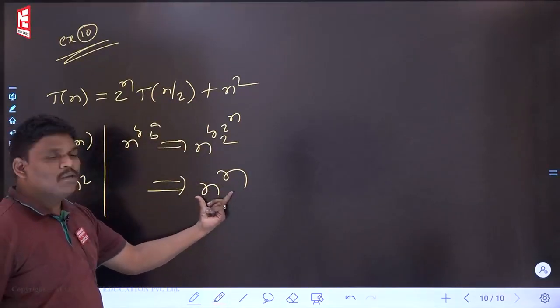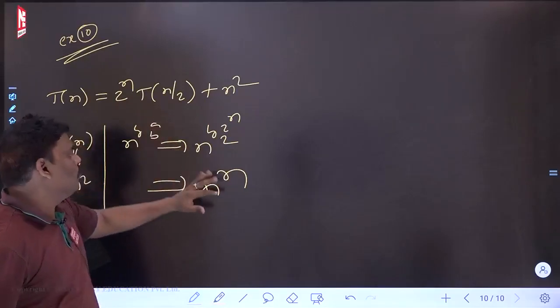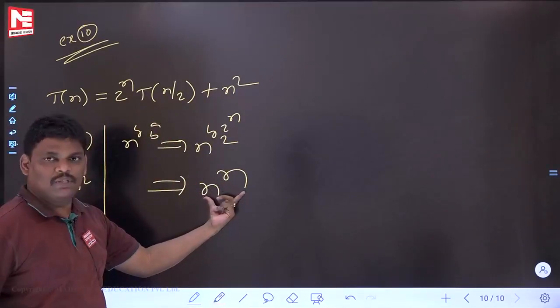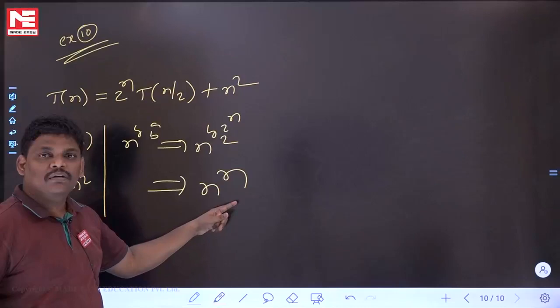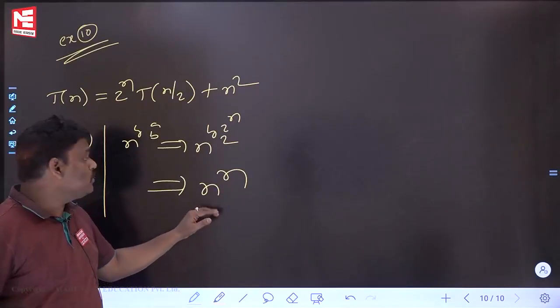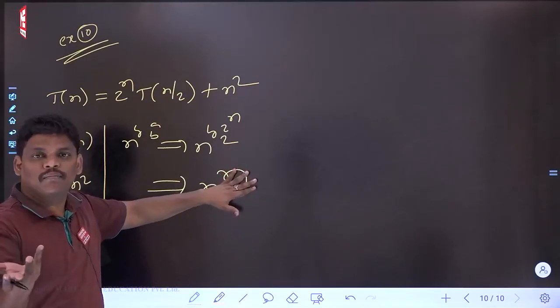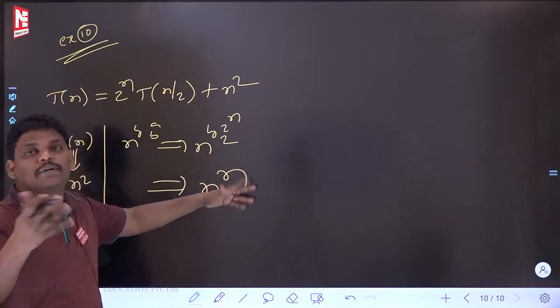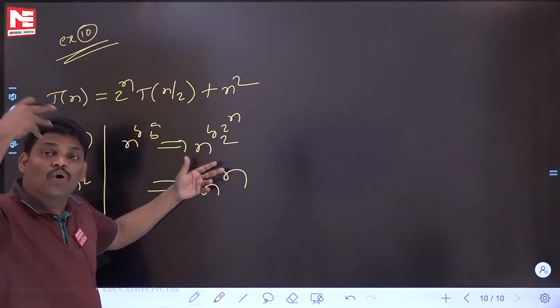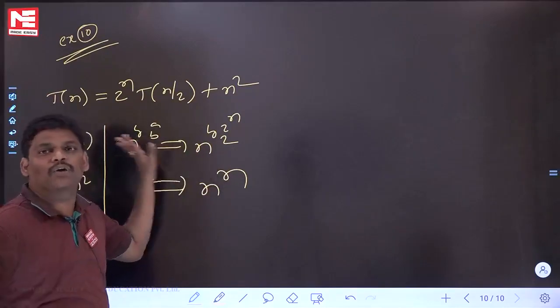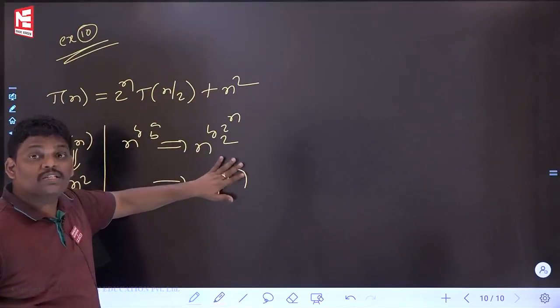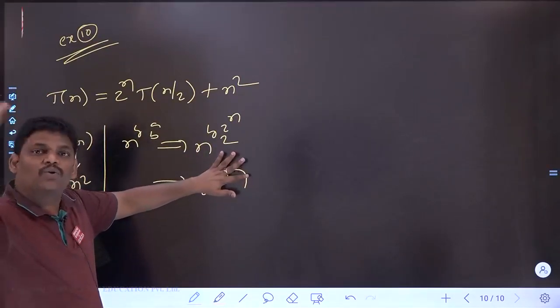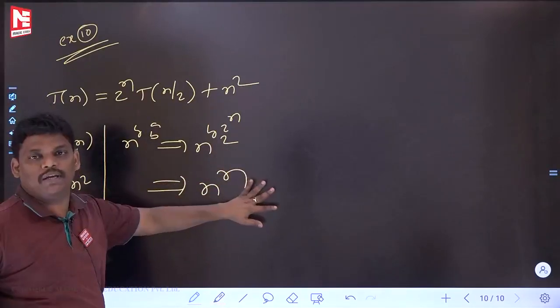Is n power n bigger? Yes, it is bigger. Bigger by how much? Suppose it is bigger by n times or n square times, it's okay. More is also okay, not less than polynomial. It is bigger by polynomial or more than polynomial, that's okay.